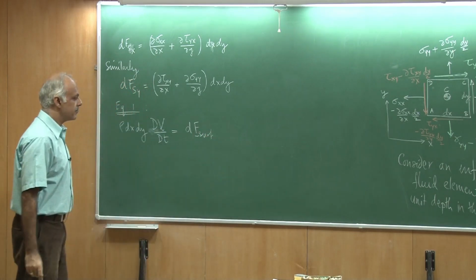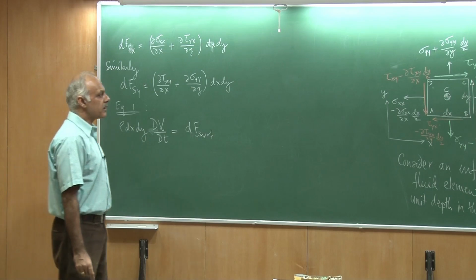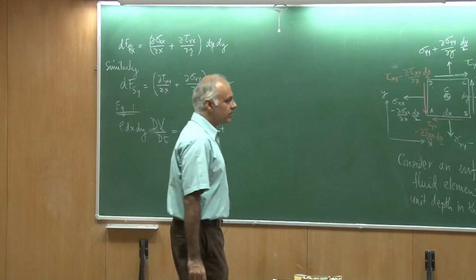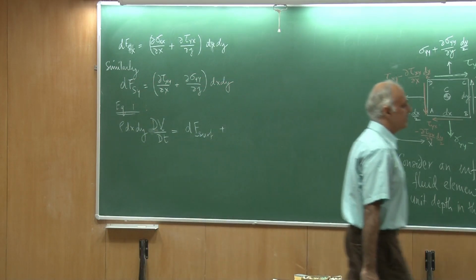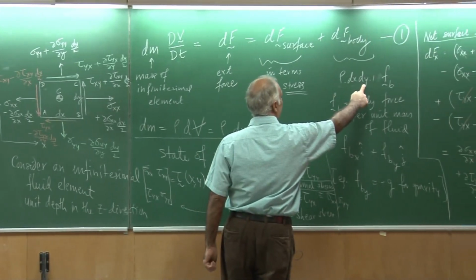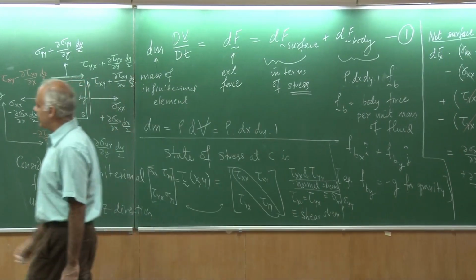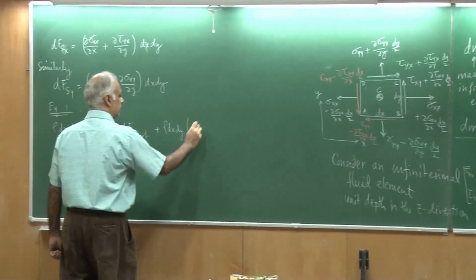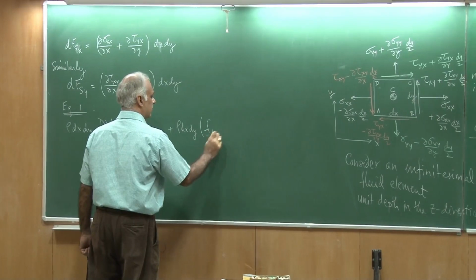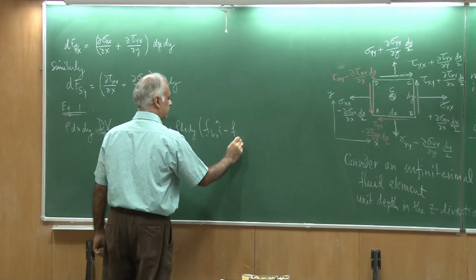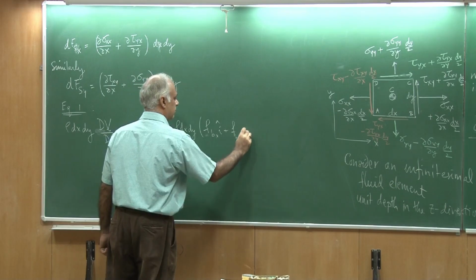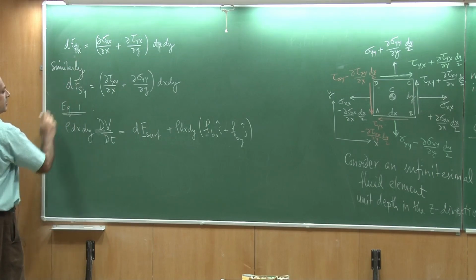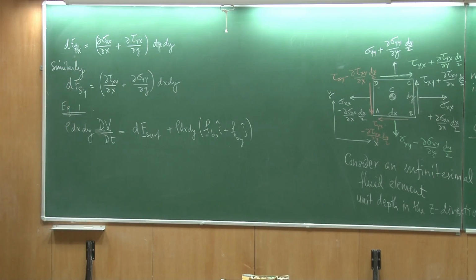Then I have the body forces, which I have written down over there, which is simply rho dx dy times this f bx and f by. And this is what my surface forces are in the x and y direction.